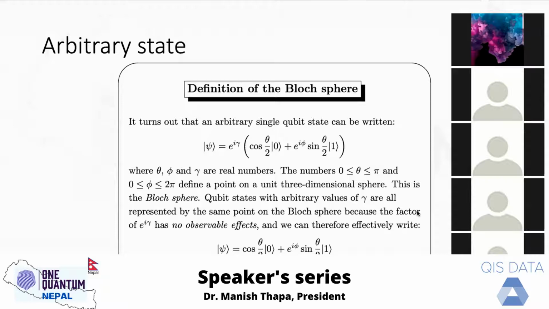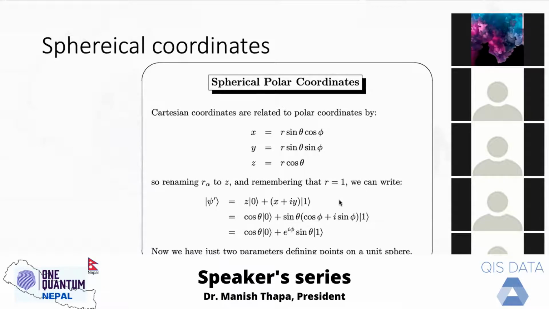Okay, now, let me start by talking about spherical coordinates because they're related. You can write your Cartesian coordinates in terms of polar coordinates for a sphere like this, right? So x will be r sine theta cos phi, y is r sine theta sine phi, and z is r cos theta, right? And the radius is 1 for us because in the course of this coherent computation, the radius should remain 1, right?